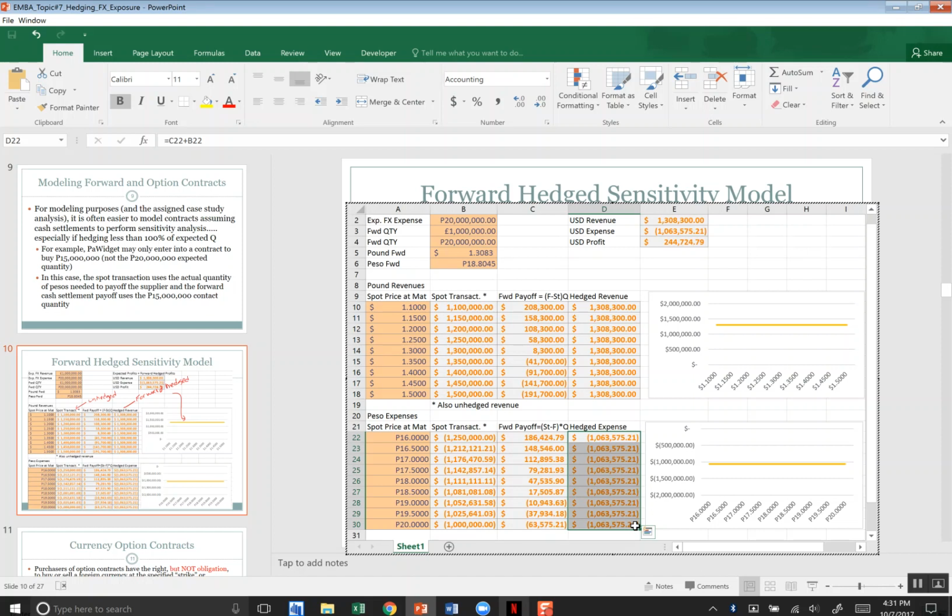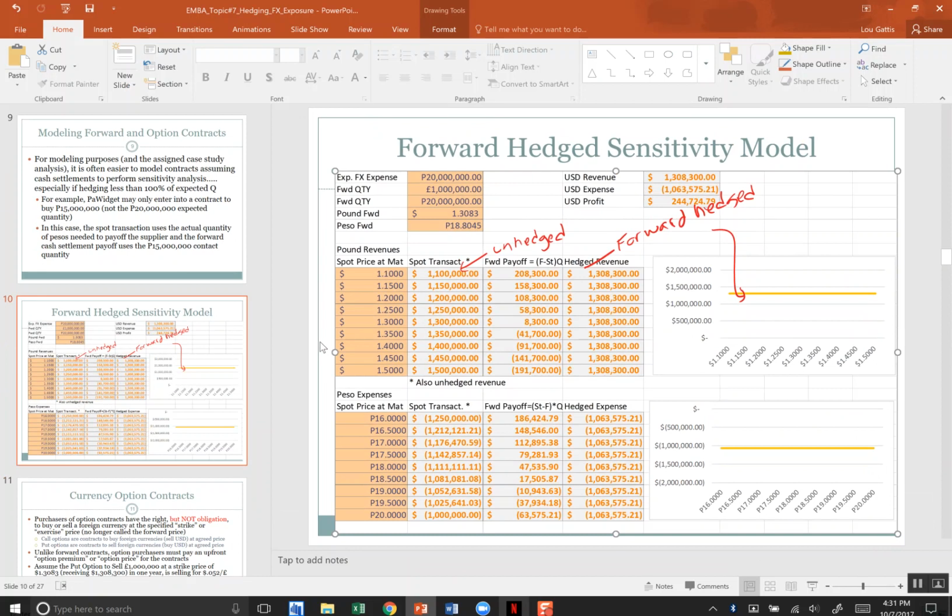Two is for modeling purposes, it is just so much easier to set it up with that little formula. And also when you start varying the quantity you're going to hedge. It's just a way to set up the spreadsheet. So that's everything I know about forward contracts.